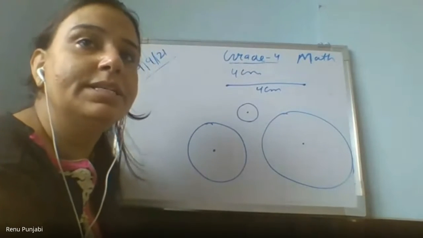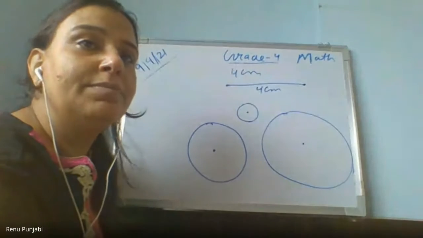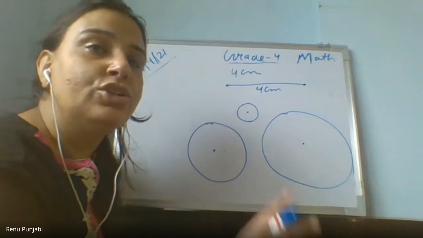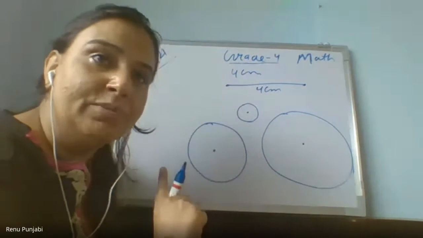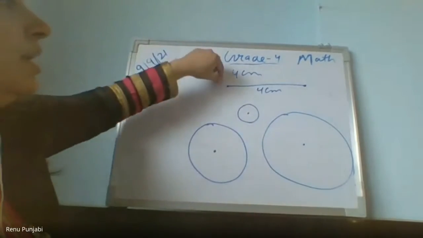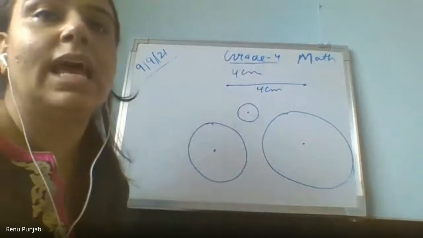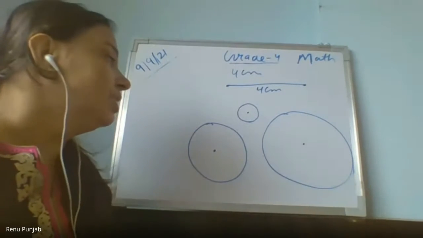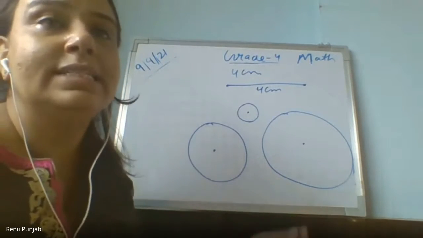Remember this, because a line segment has two ends, a starting point and an ending point. It starts from here and ends here, then it's a line segment. So here also we draw a line segment.